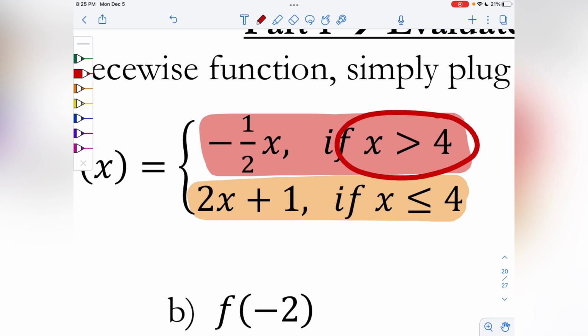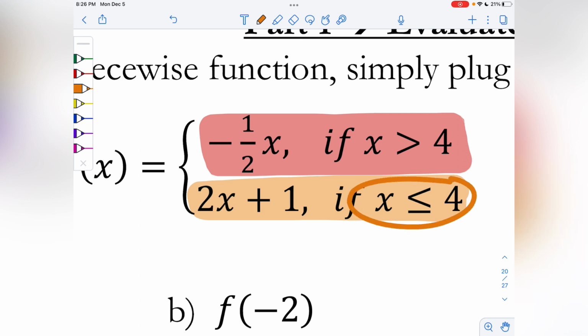So part of a piecewise function defines where that part exists. And then the next part is the orange part, which is defined by 2x plus 1. But that part only occurs if x is less than or equal to the number 4.